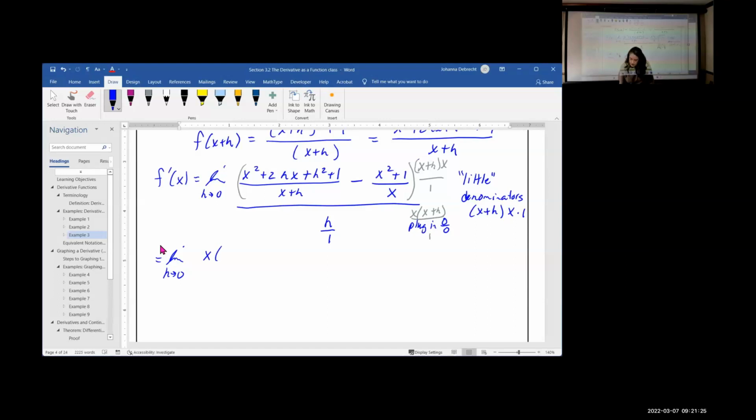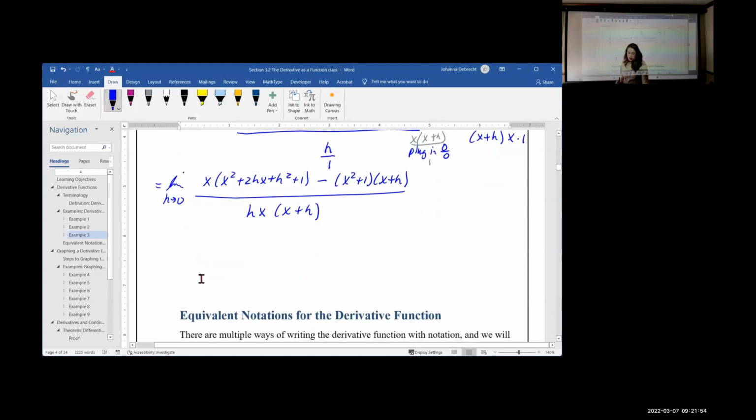So I get x times x squared plus 2hx plus h squared plus 1 minus, and then the x's cancel on the second term, and I get x squared plus 1 times x plus h, all divided by, and I'm going to leave the denominator in factored form. Now, the next thing I need to do is multiply out those terms and see what I can come up with.